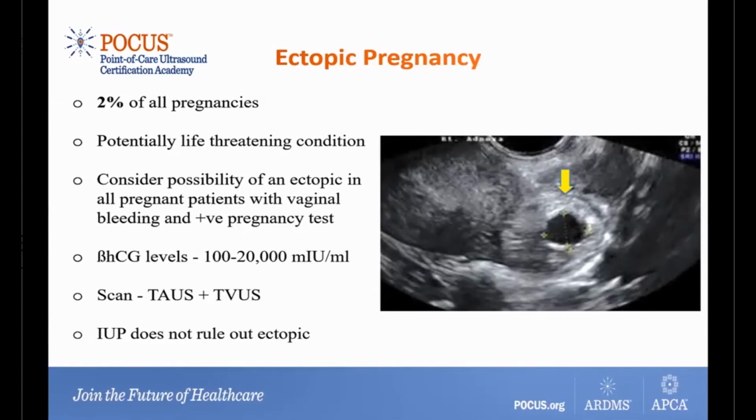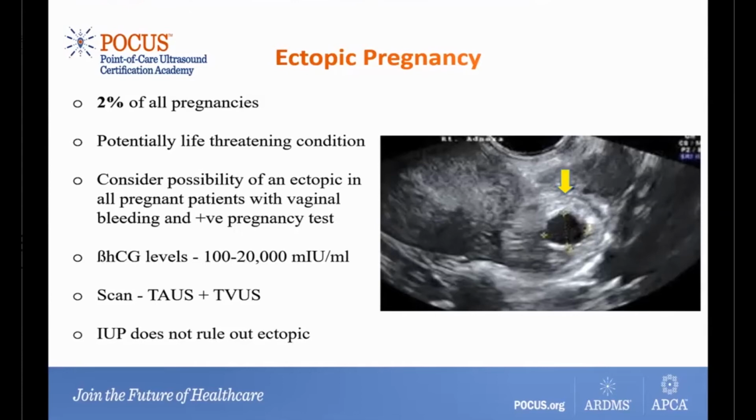And the approach, we definitely want to do a transvaginal scan when possible. I've seen patients in which with just a transabdominal approach, we're not able to diagnose or recognize the site of implantation of the ectopic. And also keep in mind that the intrauterine pregnancy does not rule out ectopic.